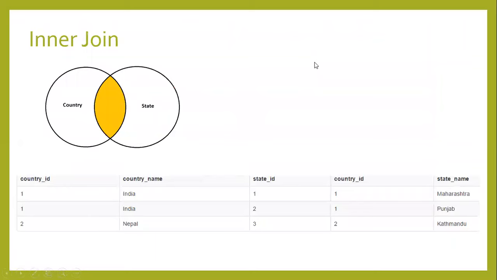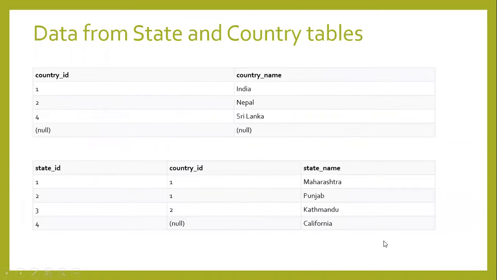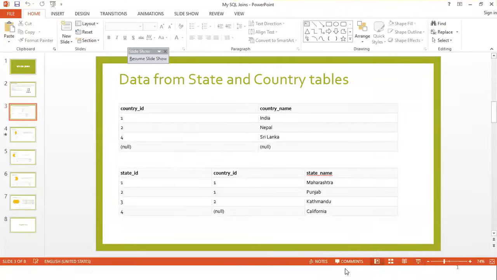Okay. So in order to be able to get this output and experience how the inner join works, we're going to create these two tables. And we're going to create both of these tables in SQL Fiddle, right?